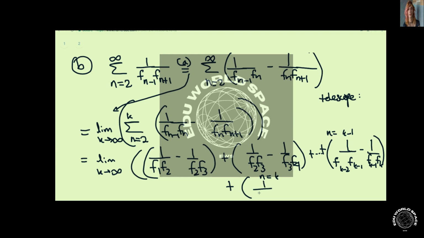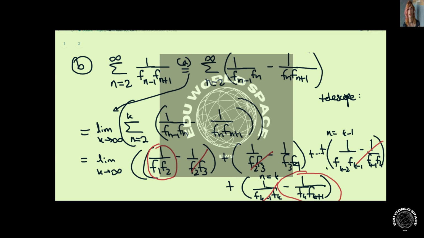Now we telescope and cancel as much as we can. We see that the first term will never cancel because none of the other denominators have f_1. However, f_2, f_3, we have cancellation, and we'll continue to have cancellation all the way up until we get to this f_{k-1}, but then we're left with one more term out here that will not cancel.